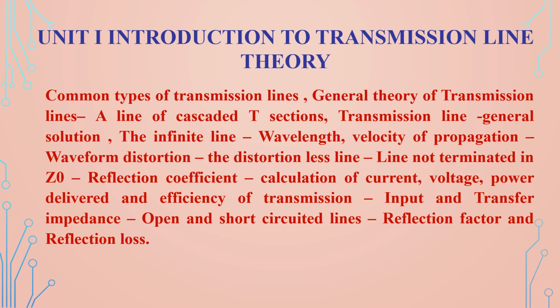Now, Unit 1, Introduction to Transmission Line Theory. What does it talk about? It gives a brief outline of the various types of transmission lines and the general theory on transmission lines, which means that we will be studying the various line parameters, a line of cascaded T sections, where we will derive Z0 and gamma, the transmission line general solution, the infinite line, wavelength, velocity of propagation, waveform distortion, and the condition for a distortionless line.